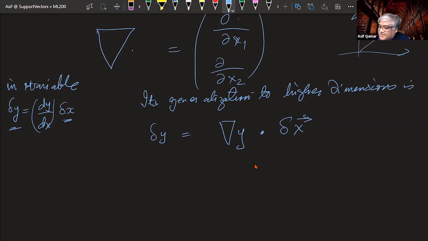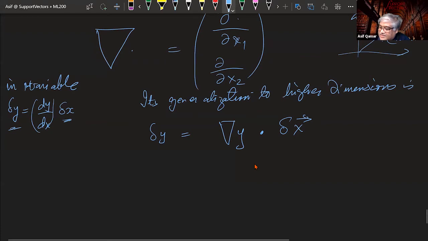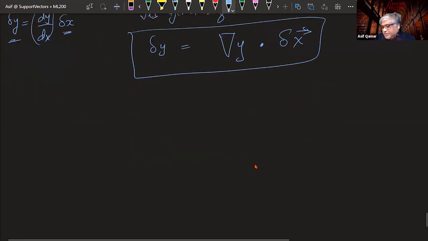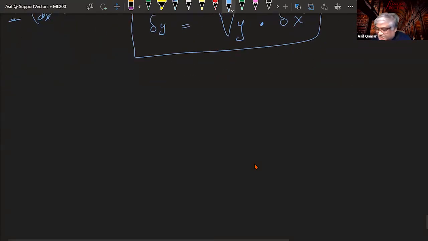This is the x vector, x1, x2, and you made a small change, delta x. So it is given by this equation. Now, what does it mean? Let us study this gradient, and we'll be practically done. This is just the mathematical background to understand regularization.